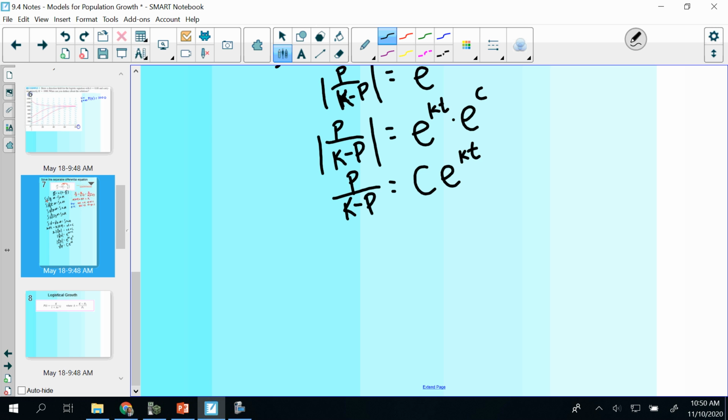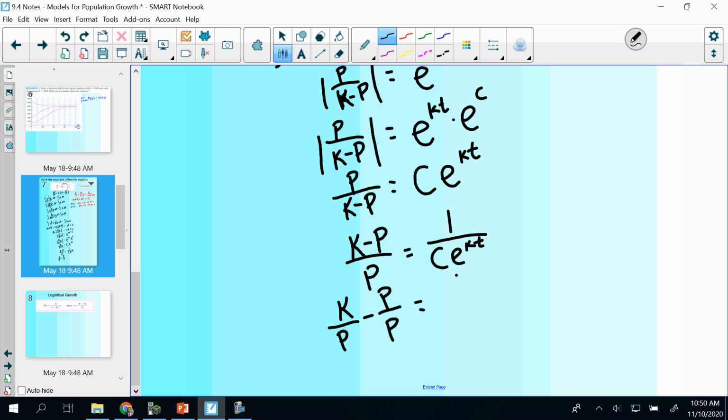So if I take reciprocal of the left side, I got capital K over P over P. If I take reciprocal of the other side, it'd be 1 over C e to the KT. All right, now what I'm going to do is on the left side, I'm going to split that into two fractions. So I'm going to have capital K over P minus capital P over P. And one of those simplifies here.